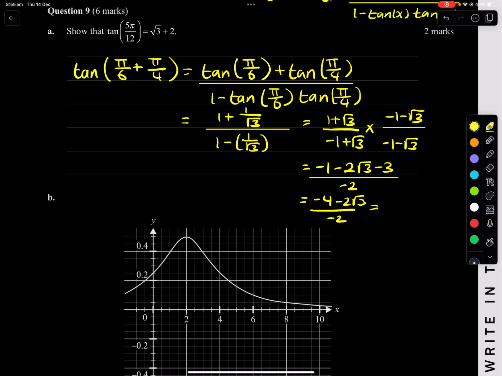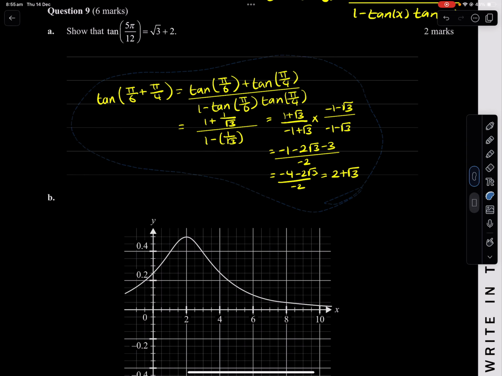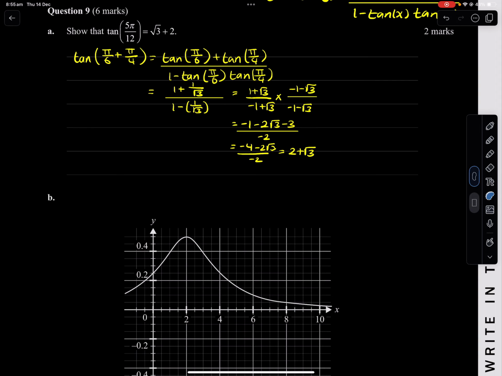That simplifies: cancel the negatives and divide everything by 2. It's going to be 2 plus root 3. And that's our solution. It took very long to do that, but that's your answer: 2 plus root 3. So let's make that small and fit that in. Done.